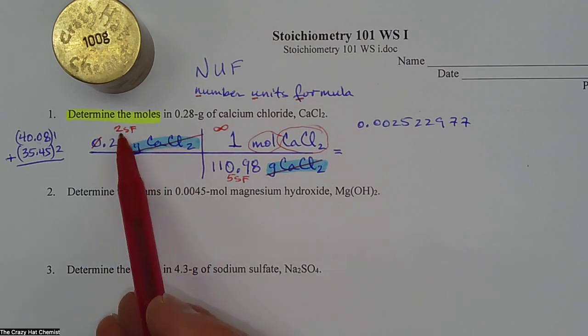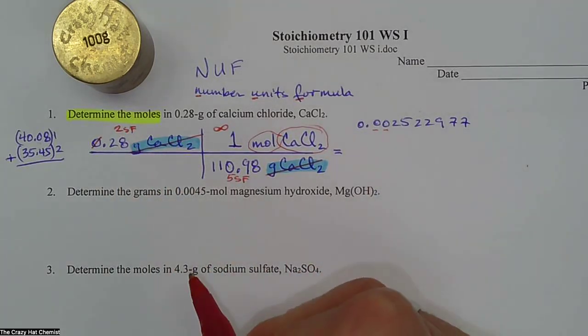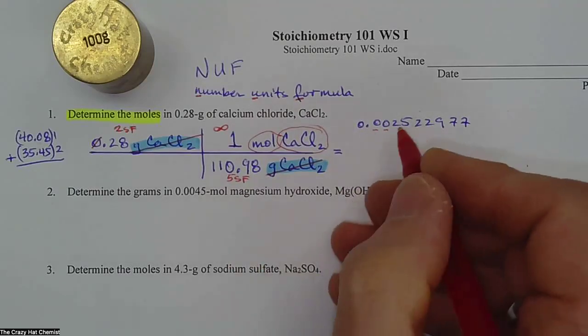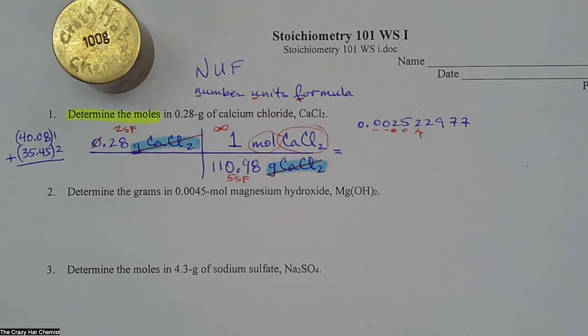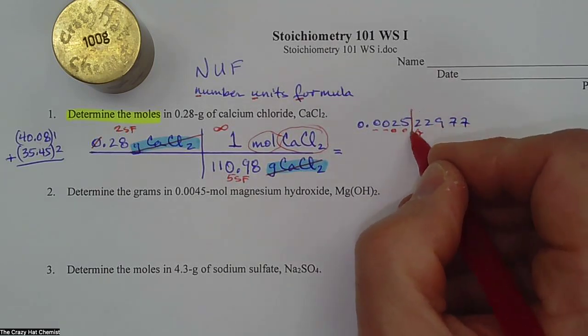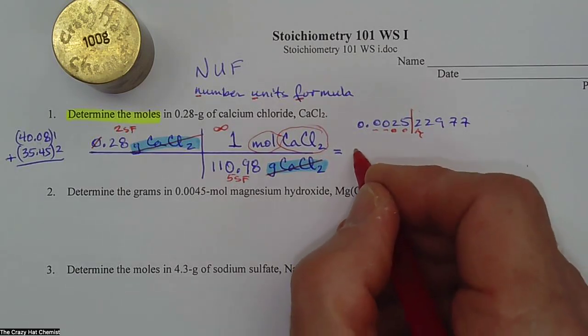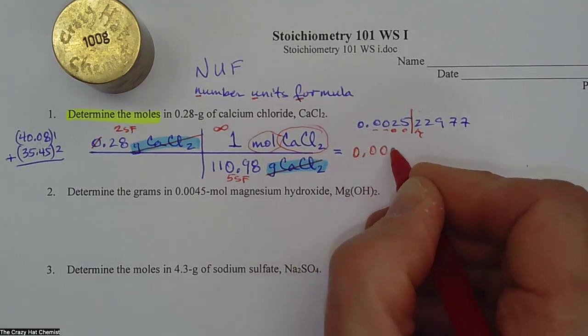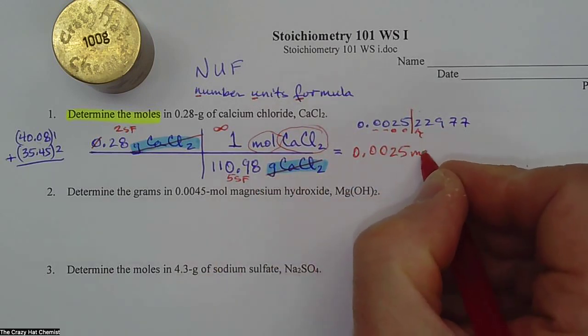So the fewest number of significant figures is 2. I need to maintain these leading zeros, and then I'm going to have 2 significant figures. I'm going to round with that 2. That's less than 5, so I'm going to chop the number. So my number is going to be 0.0025. The units are moles, and the formula is CaCl2.